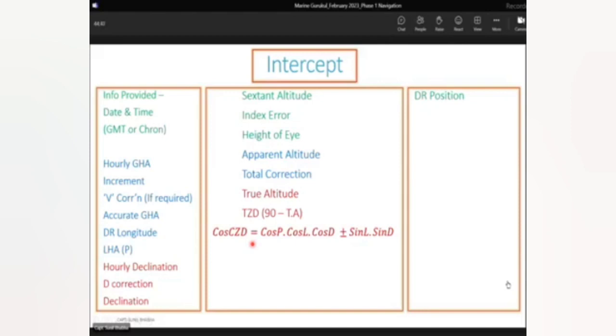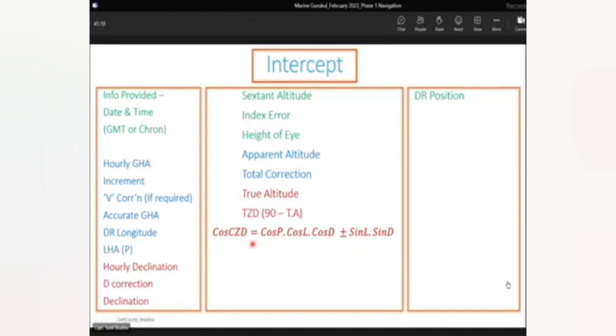Just to give you an example, if I want you to calculate the zenith distance of the sun for tomorrow, what will be the zenith distance at this particular time tomorrow? You obviously cannot find it out with observation. It has not yet happened. With observation, you can only find it in real time. But if you want to calculate it for the future, it can be done using this particular formula, the intercept formula.